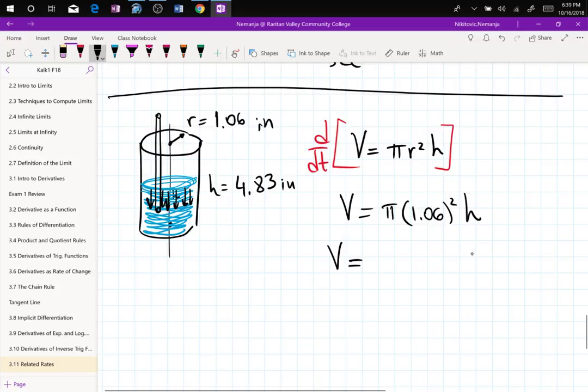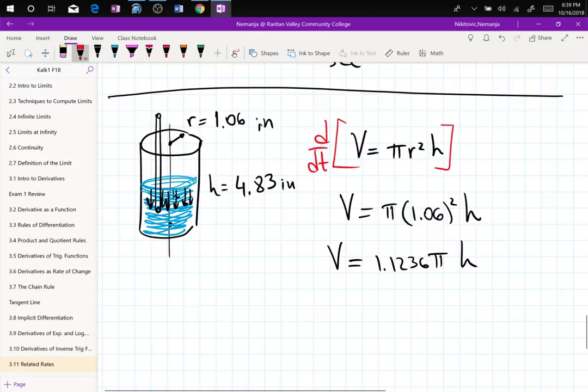I should ask my phone experts in the back because they should have a calculator, but maybe you don't know where that app is. 0.06 squared. 1.1236 pi h. There we go.